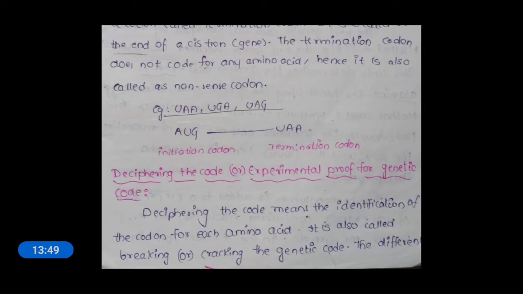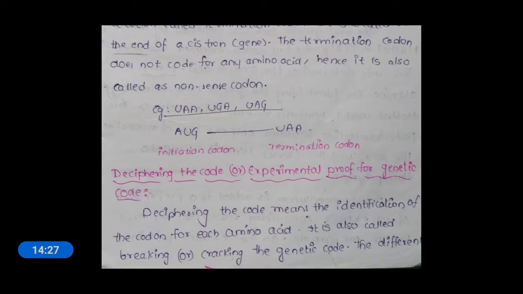So this is the next topic, deciphering the code, or experimental proof for the genetic code. How were these codons identified? As we have 64 codons in the tabular form of the genetic code, all 64 codons were identified with experimental proof.